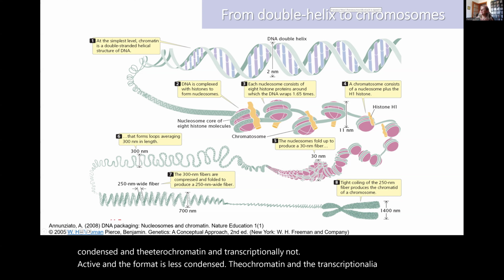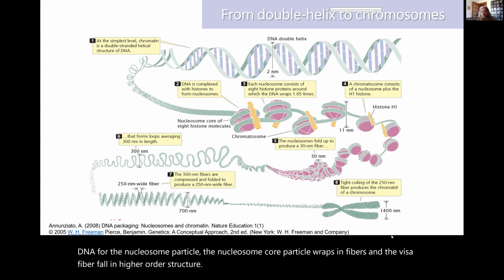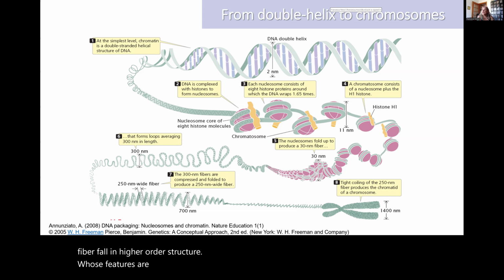So the nucleosome core particle wraps in fibers, and these fibers fold in higher order structures whose features are not completely determined so far, and finally fold in the chromosome.